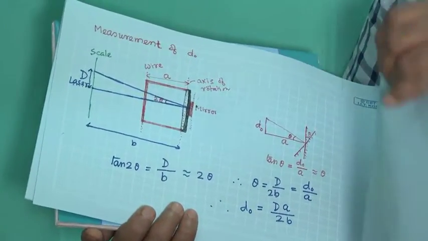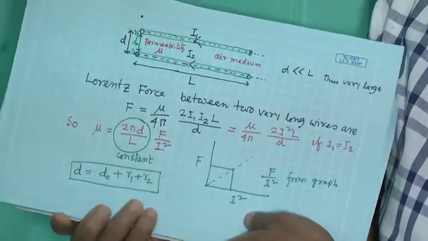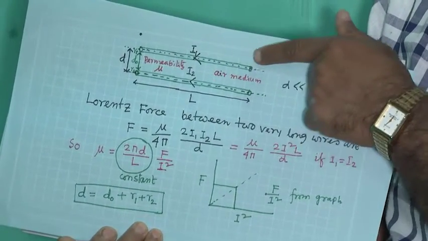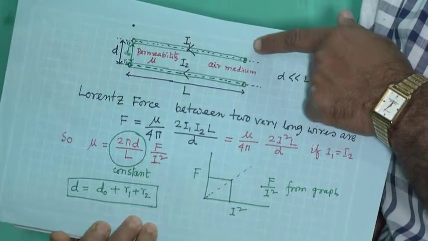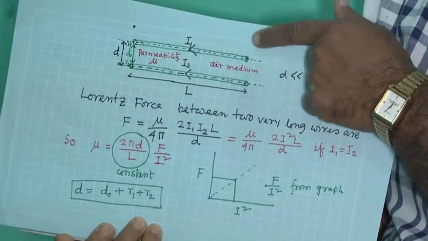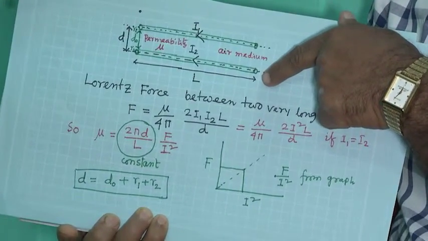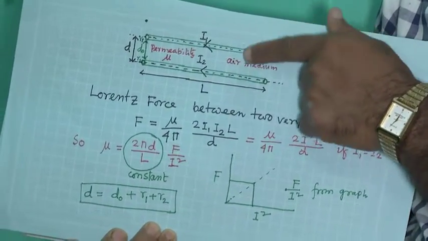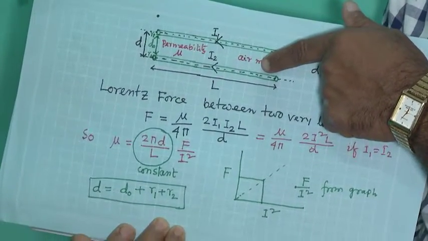So, here the magnetic lines of force are produced by wire 1 and wire 2. Okay. They are passing through this air medium.